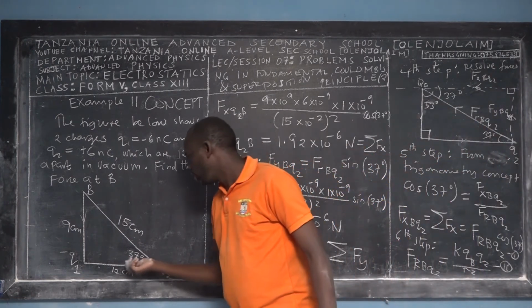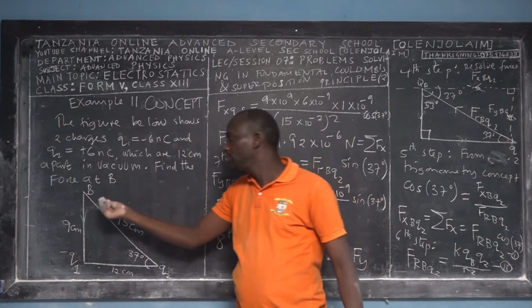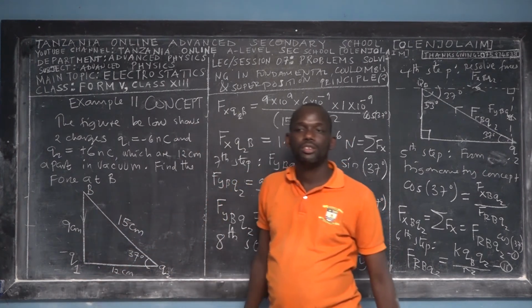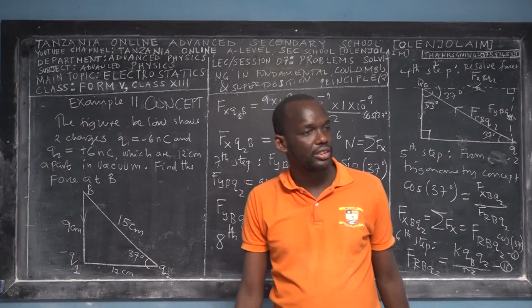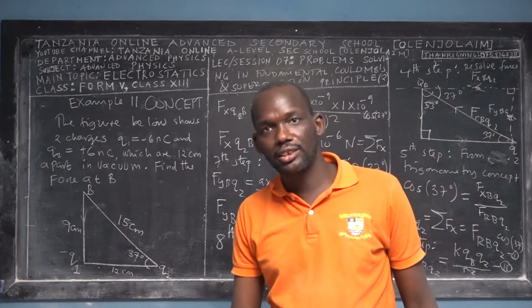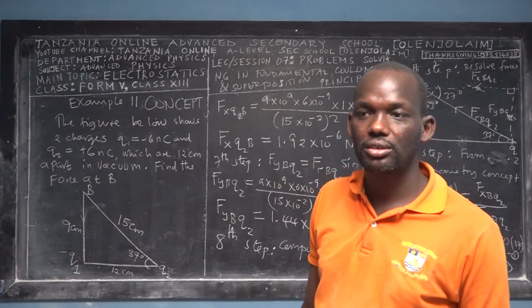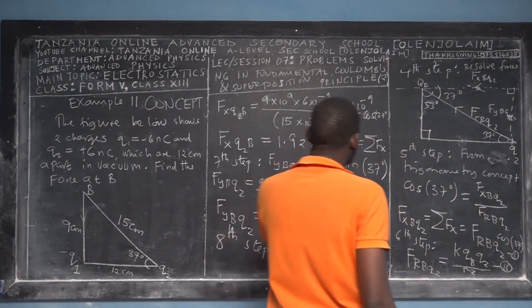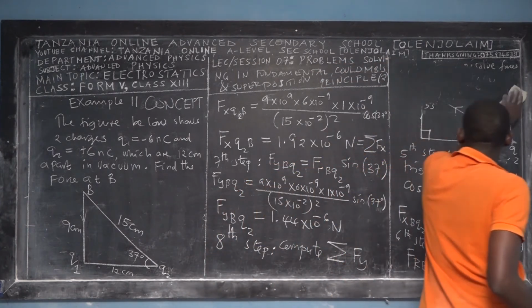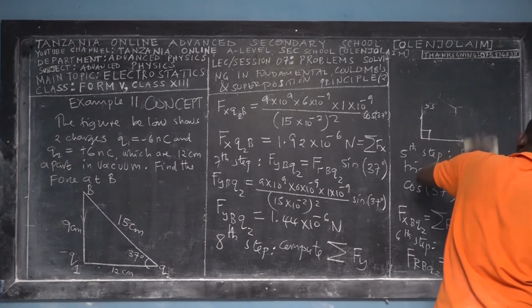This one is pushing it upward, while this one is attracting downward. So these forces are in opposite directions. To get the resultant vertical component of force, we have to subtract. Right? Okay.